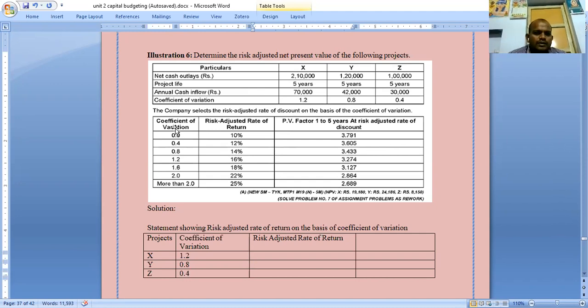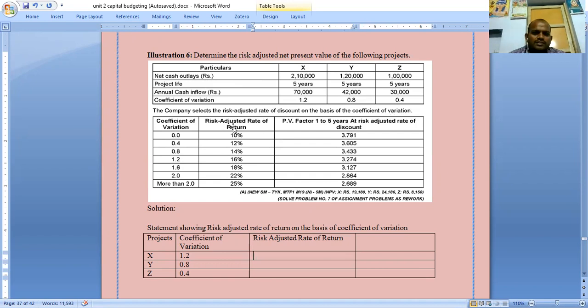Here the company selects the risk-adjusted rate of discount on the basis of coefficient of variation. See, this is the table where the link is provided. For coefficient of variation 1.2, we pick this percentage, 16 percent.